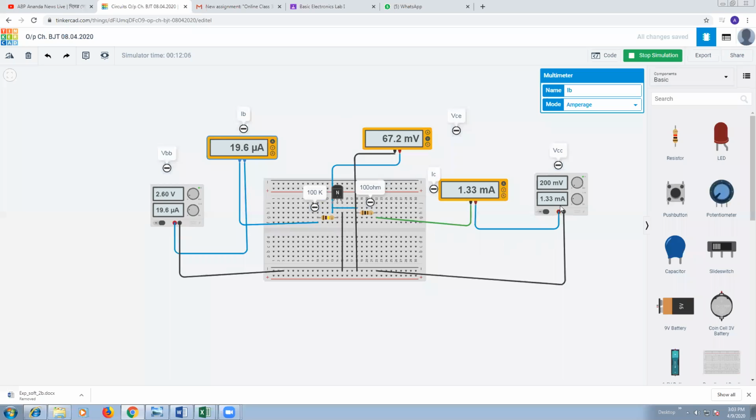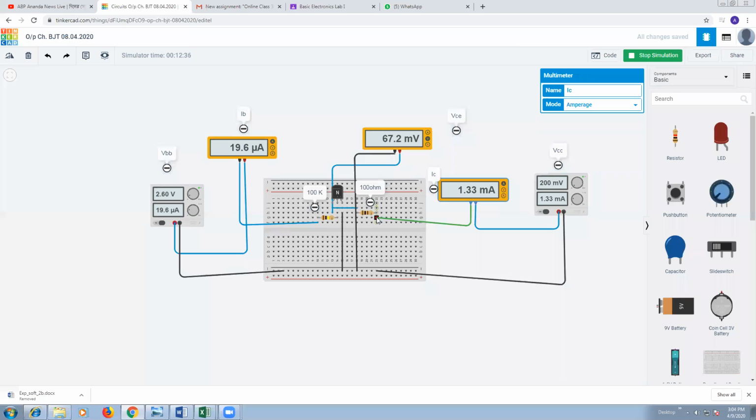Next, for the output loop, this VCC, the variable power supply, is connected with the positive terminal of this ampere meter, which is denoted here IC. Then the negative terminal is connected with one terminal of this resistance, which is 100 ohm.